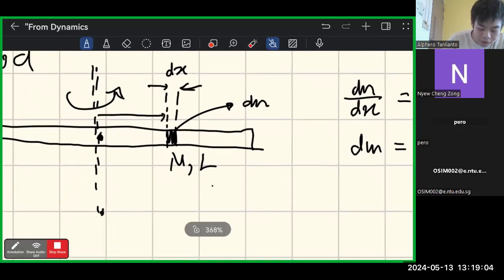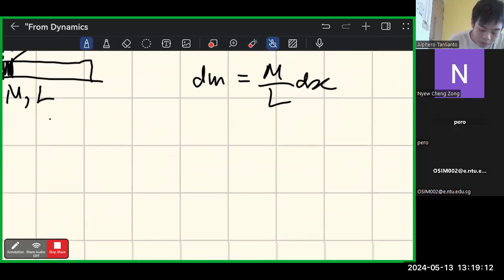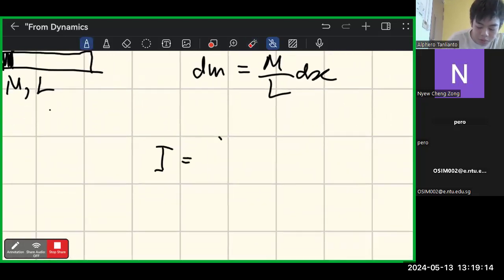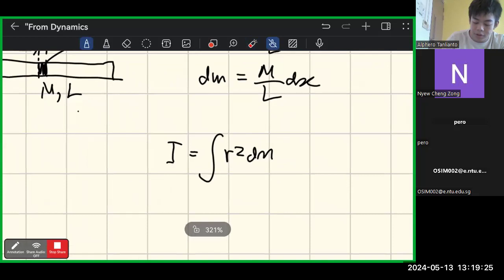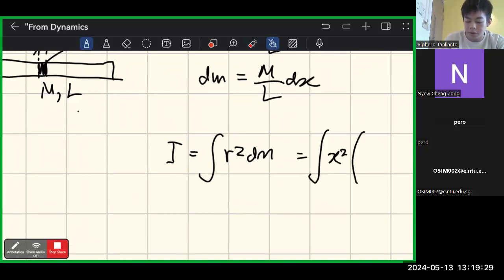And as the distance from x to the center is x, the moment of inertia equals the integral of r squared dm. R here is the distance between the dm and the reference point, which here is the center. Thus this is the integral of x squared dm, where dm is m dx over L.